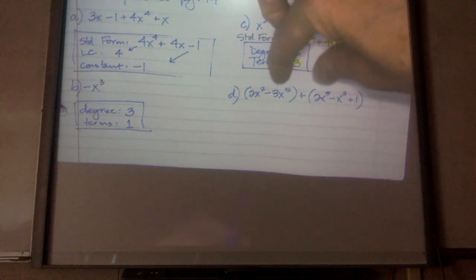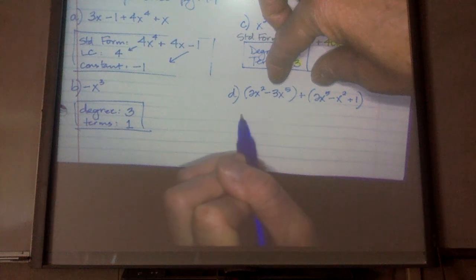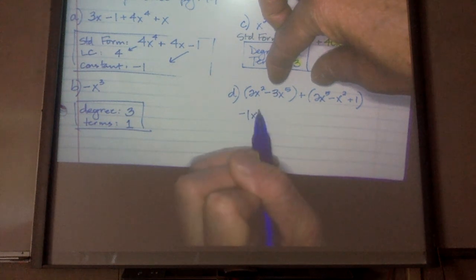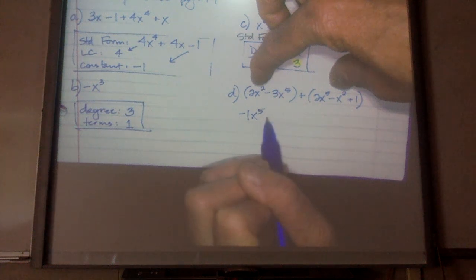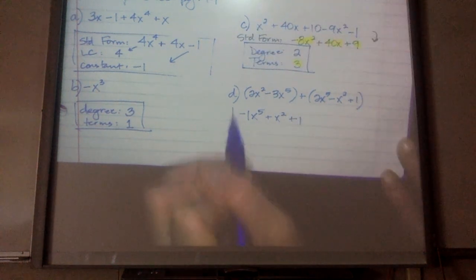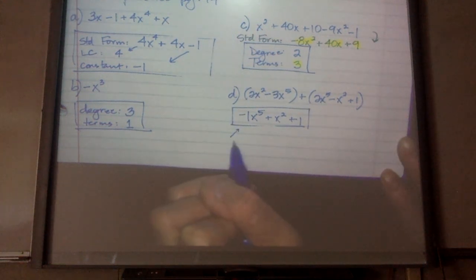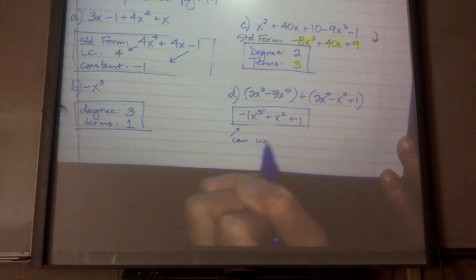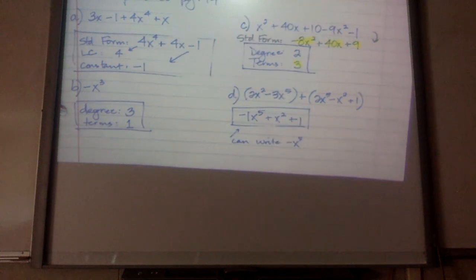Negative 3 and positive 2 make negative 1x to the 5th. 2x squared minus x squared is x squared. And then I just have plus 1. You do not need the 1. Okay, so you can write just negative x to the 5th.